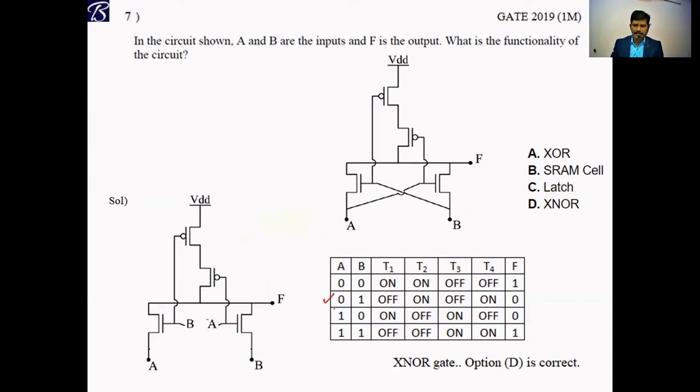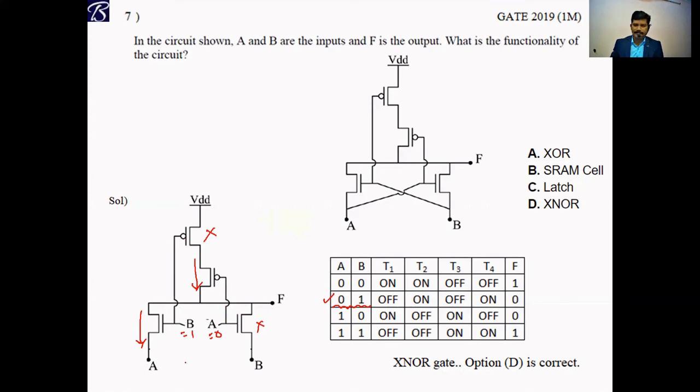Let us see the second case. A equal to 0, B equal to 1. Then what is F in this case? When A equal 0, this is switch off and this is switch on. And A equal 0, this is connected here. This is switch on. And B equal 1, this is switch off. So now, if you observe, this F is connected to this.